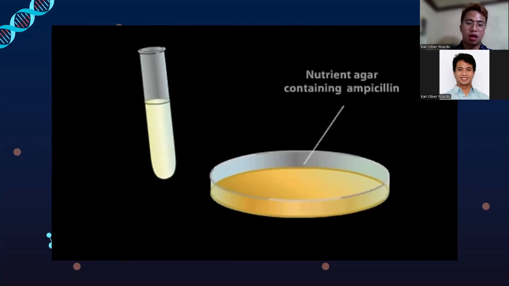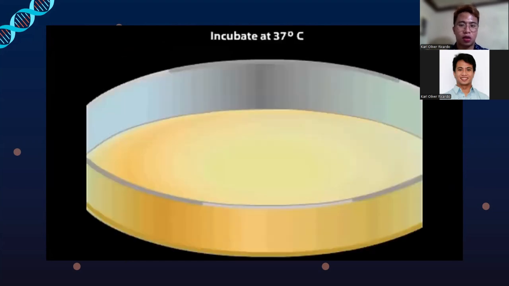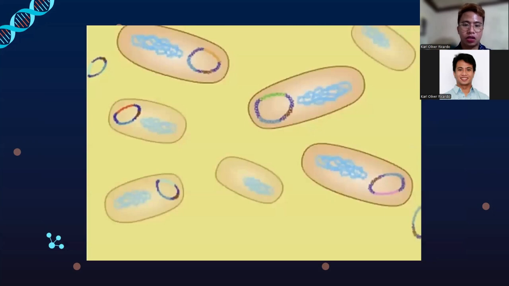So the bacterial cells are poured into a plate of nutrient agar containing the antibiotic ampicillin. With the ampicillin in the agar, cells now are resistant to the drug and can grow at 37 degrees Celsius in incubation, and then doon na po sila mag-multiply. So each cell now produces a separate colony of cells.